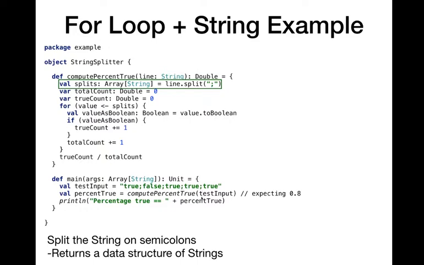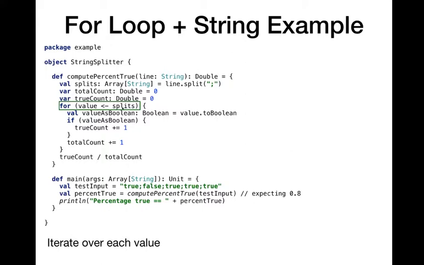What's stored in this array are going to be the strings true, skipping over the delimiter, false, true, true, and true. So I have 5 strings in this data structure, which are the values true, false, true, true, true.